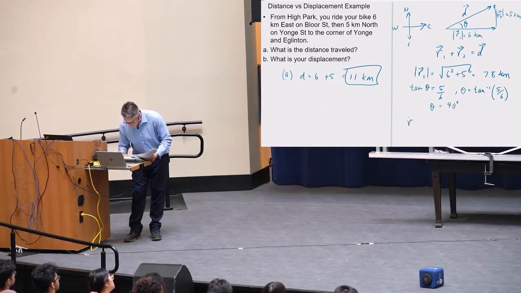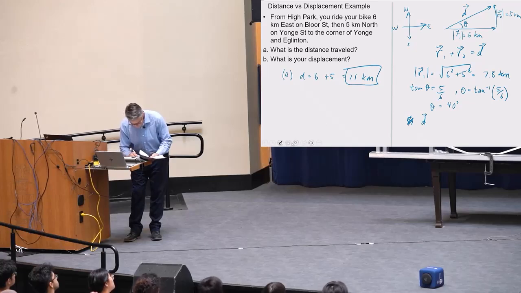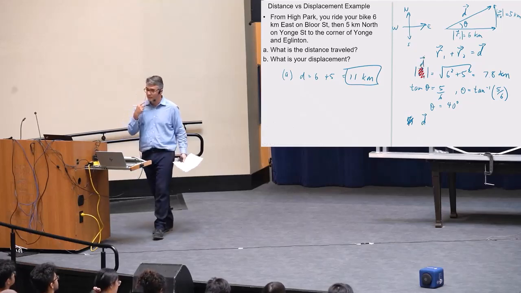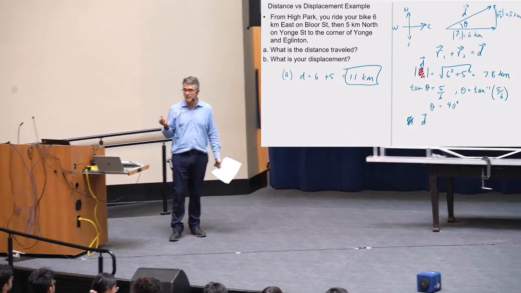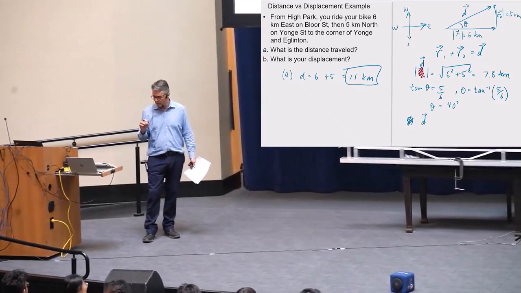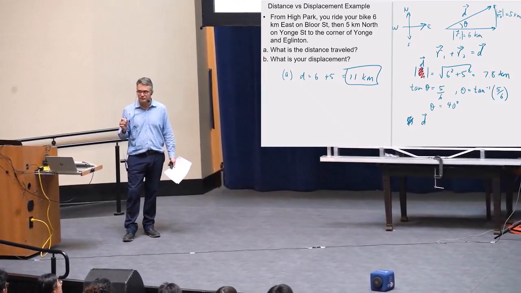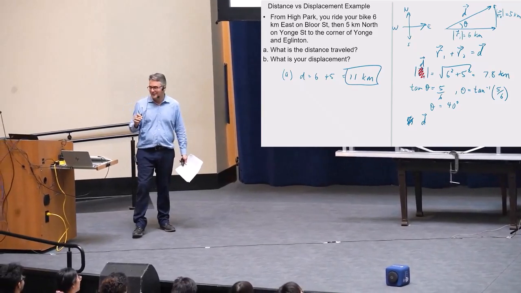Wait, why am I screwing things up so badly? Sorry about that. I'm trying to find the magnitude of the displacement, not R1. The magnitude of R1 is just 6.